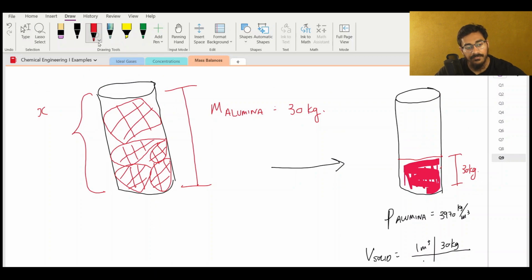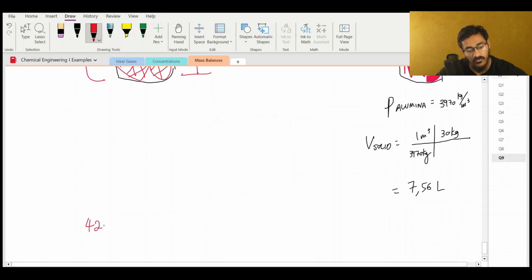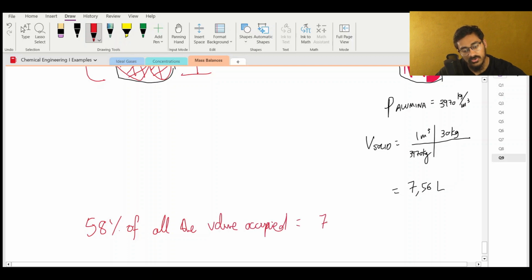But I know that 42% of all the volume occupied. Okay, sorry. Let's restart that. 58% of all the volume occupied is equal to 7.56 liters.